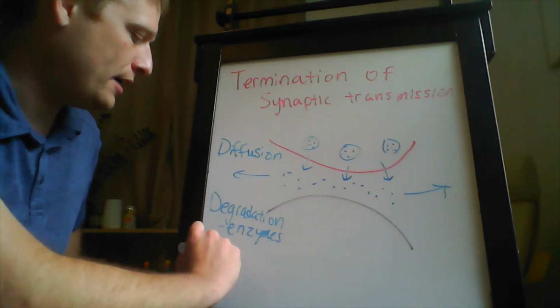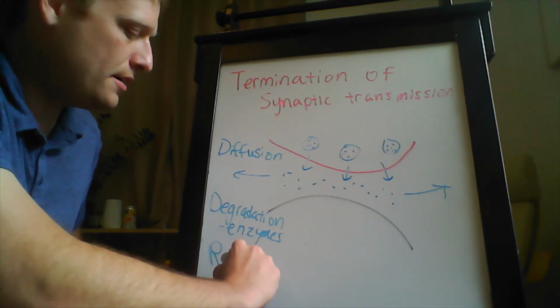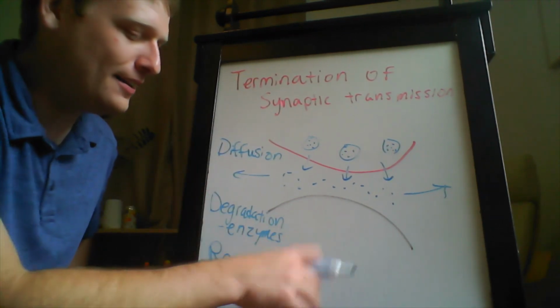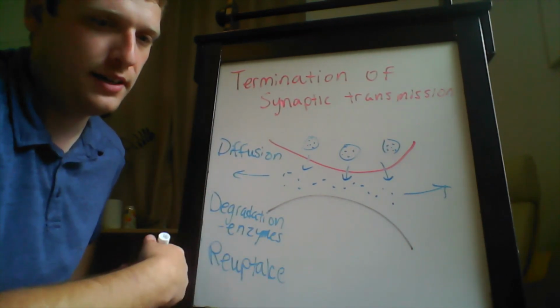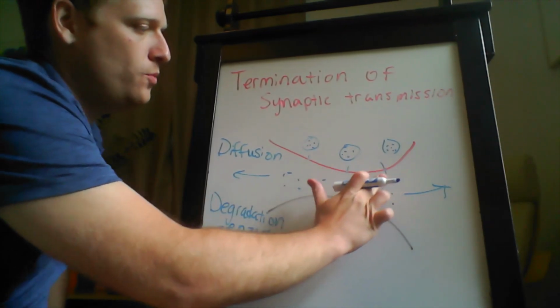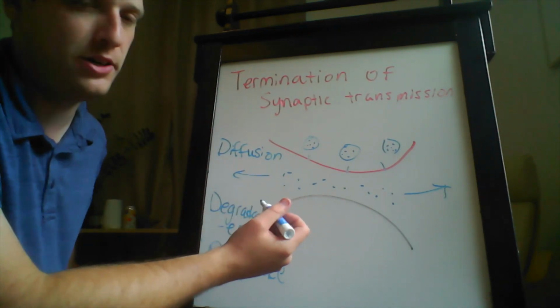And the last way is reuptake. Neurons, like many cells, have ways to recycle things, so it's not just one-way movement of neurotransmitters at the synapse.